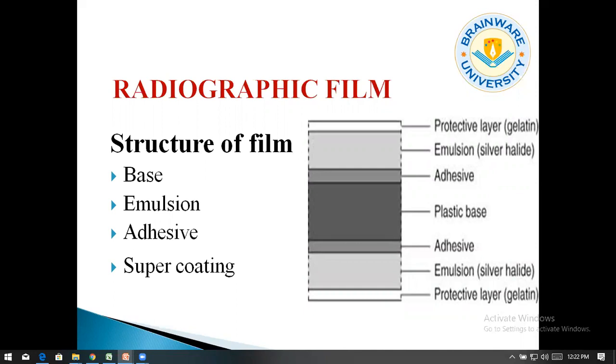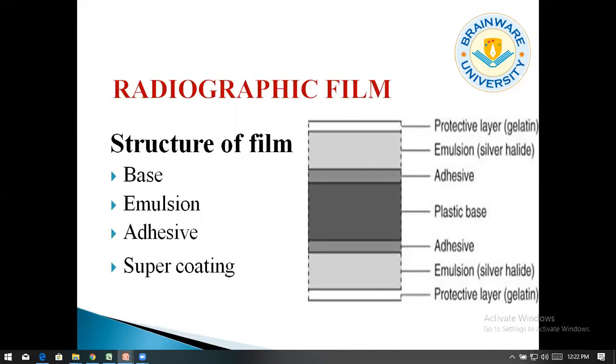that is, the radiographic film. So what is the structure of radiographic film? I have already discussed this in your class. The radiographic film consists of four main layers. The base, which is made up of polyester or cellulose, and the emulsion, which is made up of silver halide crystal and a mixture of gelatin.